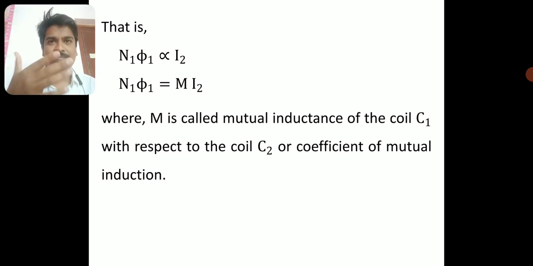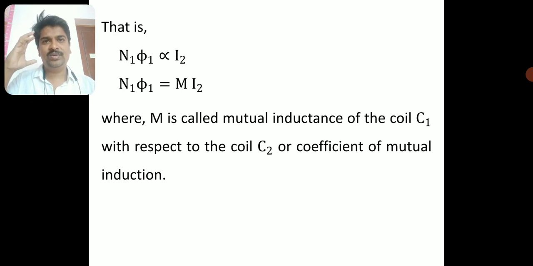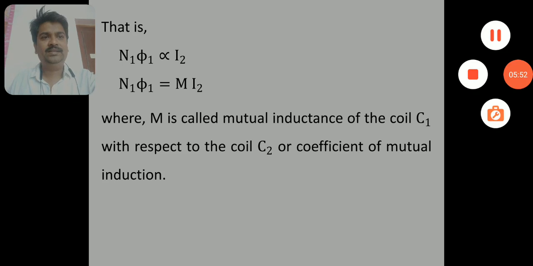I have to add a constant to remove the proportionality symbol. So I have added a relevant constant M, which is called the mutual inductance of the coil C1 with respect to the coil C2, or the coefficient of mutual induction.